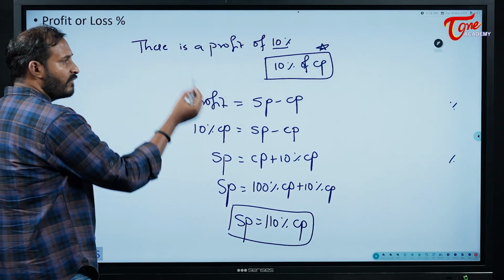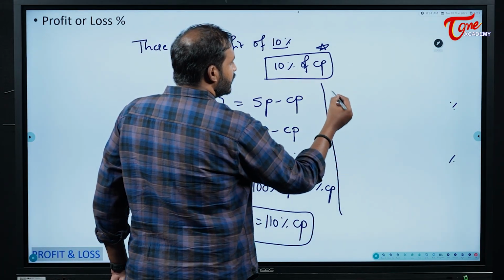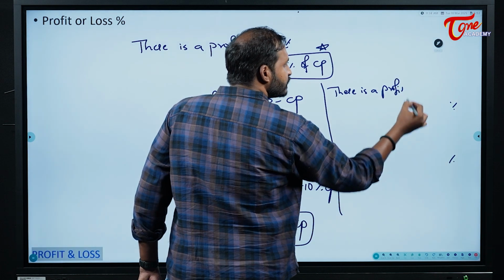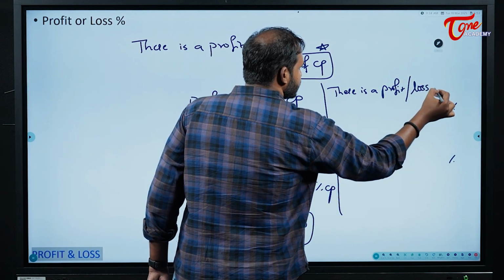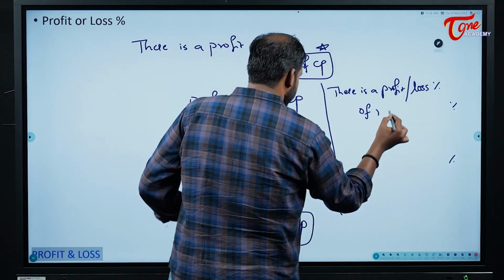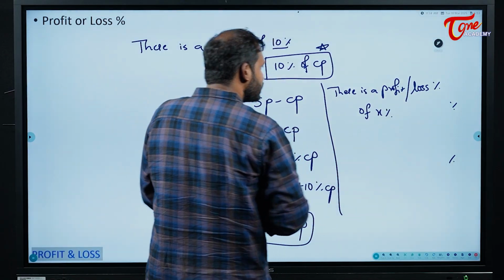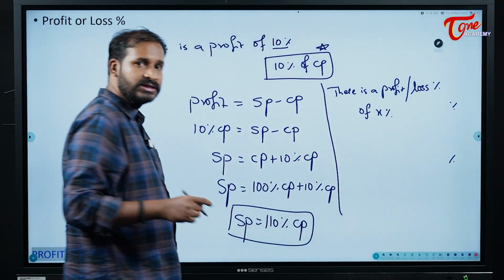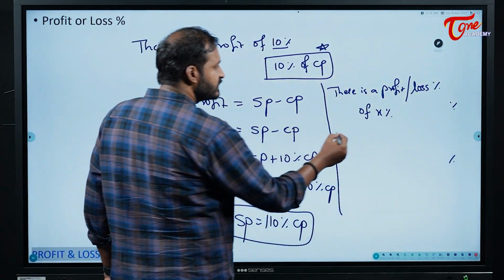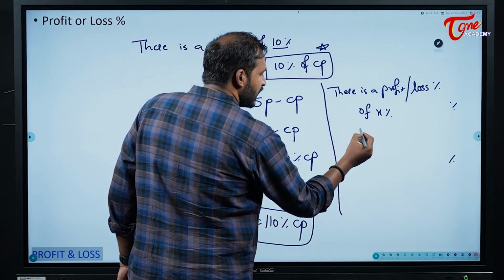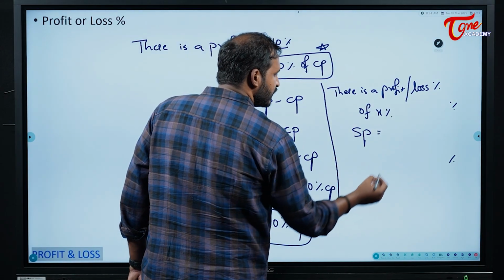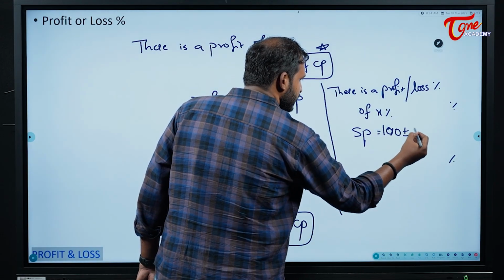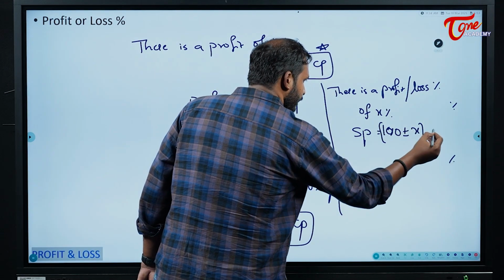Usually, whether that is profit or loss percentage, see here, there is a profit or loss percentage of X percentage. So, in general what we can write now? There is a profit or loss percentage of X percentage means SP is equal to, please observe students, 100 plus or minus X percentage of CP.